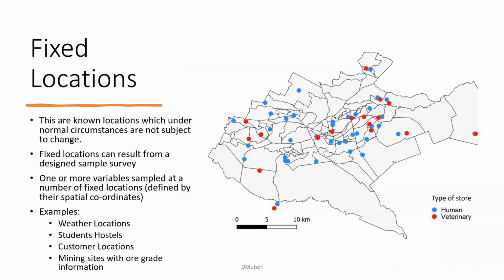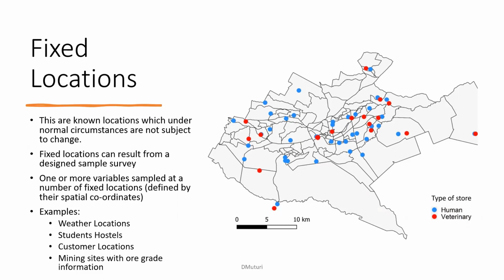Another one we talked of is the fixed location data. This is where you have a fixed, well-known location of an object of study. It can be a location or an area, and this location is not bound to change. Within a long time, this location is going to be permanently there. So when you have this type of data, we term it as fixed location data.